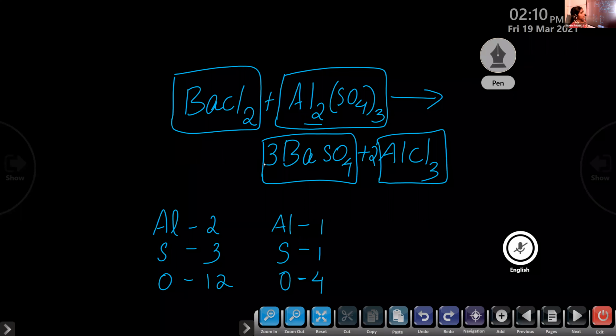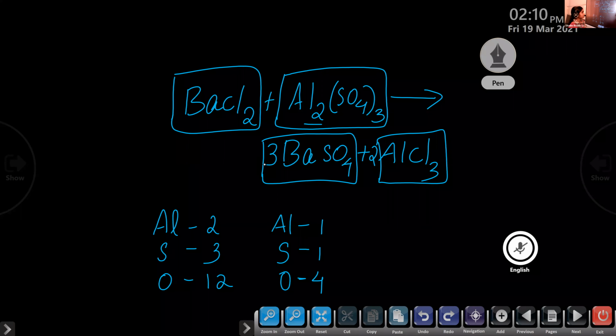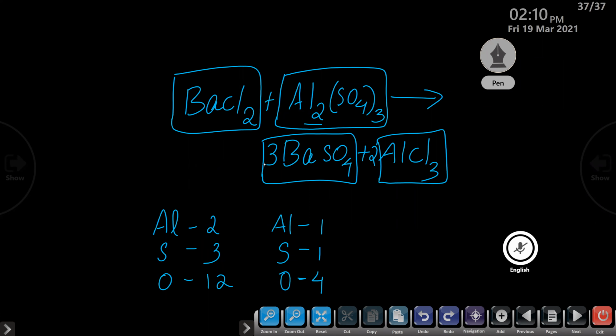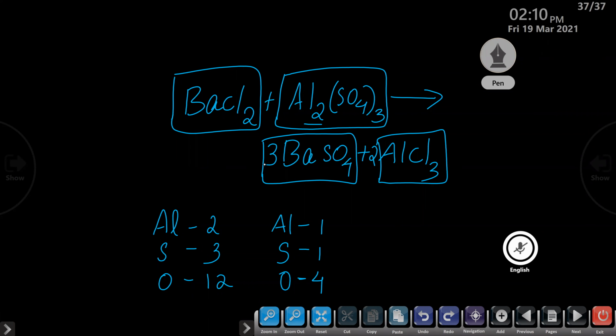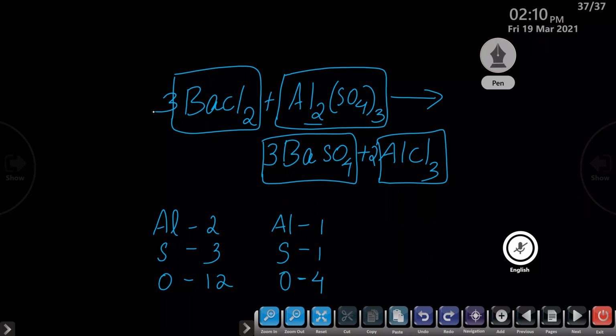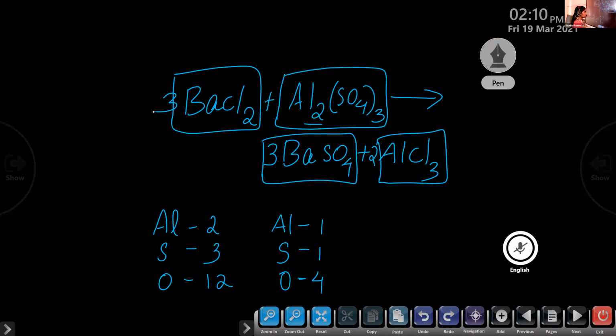Then which element do we need to balance? Look at this equation and tell me. BaCl2. So which coefficient do we need to add? 3. Very good. So 3 BaCl2 plus Al2(SO4)3 gives 3 BaSO4 plus 2 AlCl3.